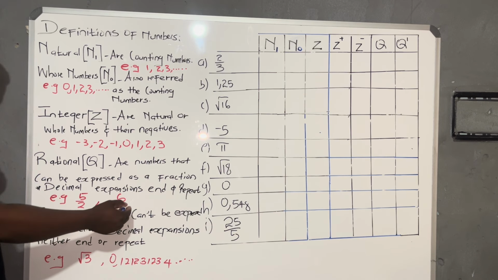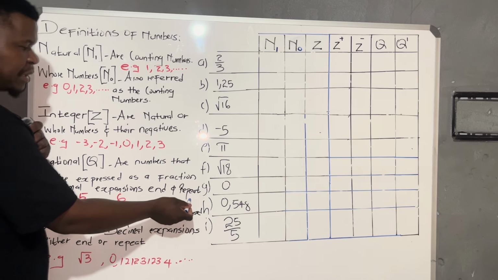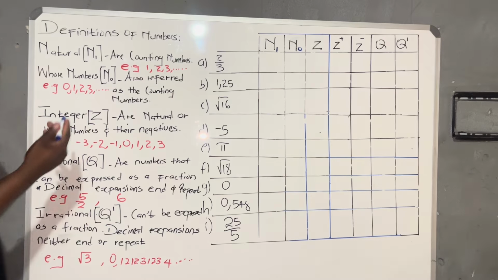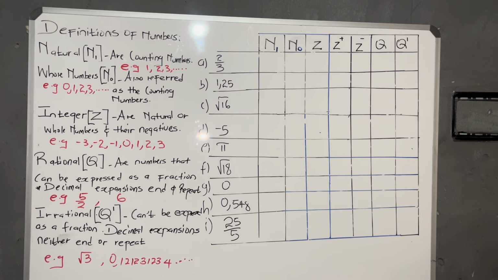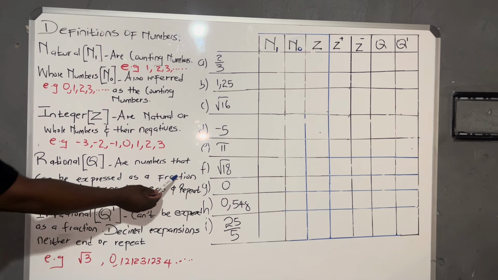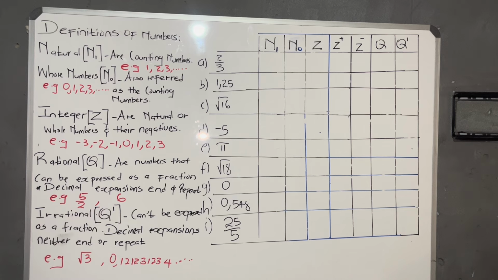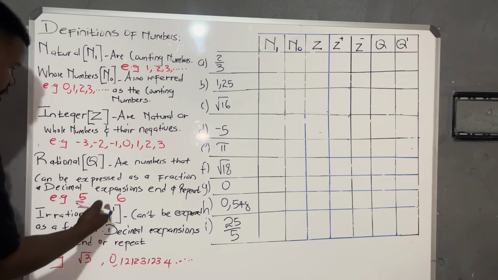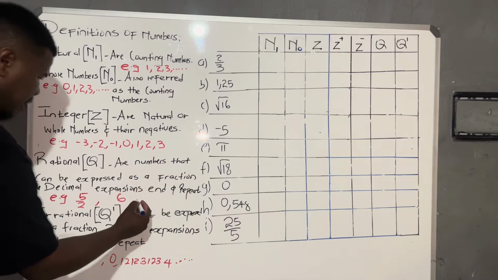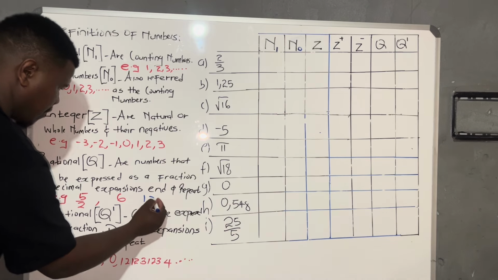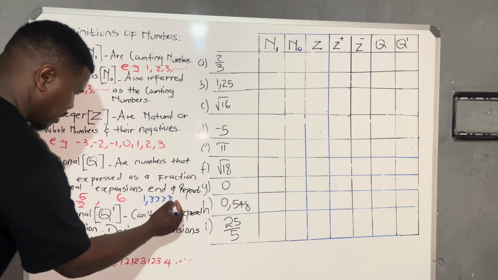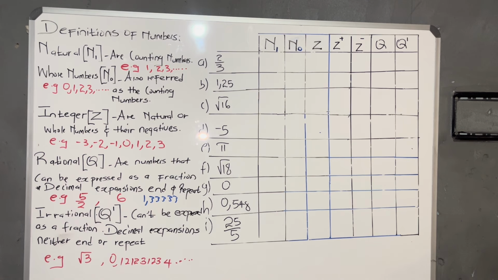Sometimes it doesn't end, but it repeats the same number more often after the comma. Now, here are the examples. 5/2 is a fraction. 6 can also be written as a fraction, and 6 will be our numerator. And to write an example where it repeats, I can have something like 1 over 3. As you can see, that is the repetition that we are talking about.